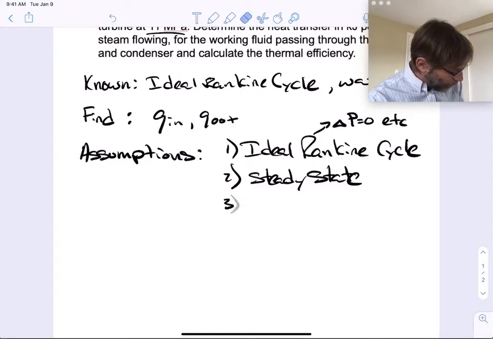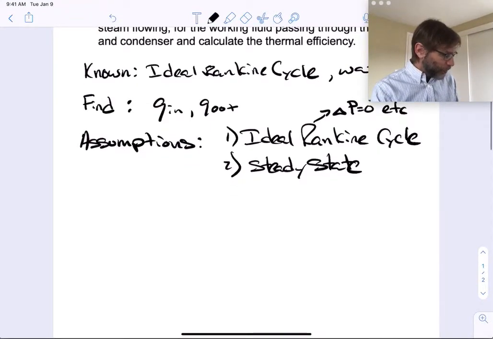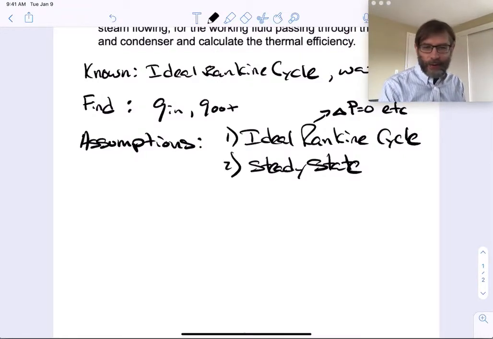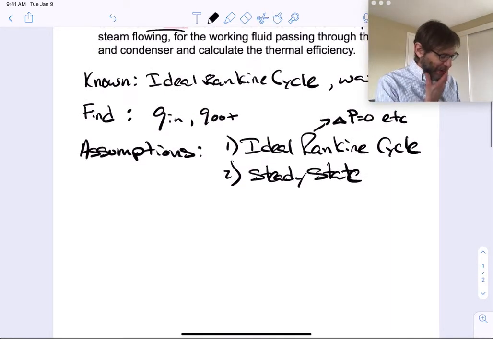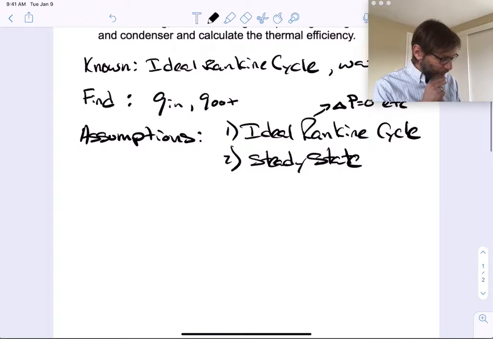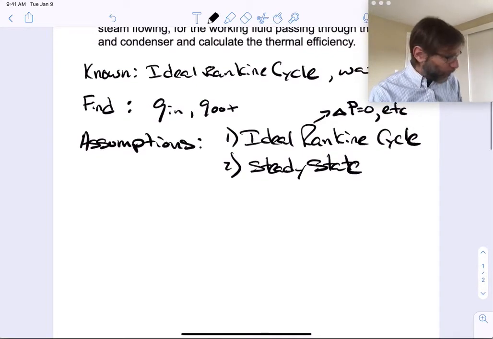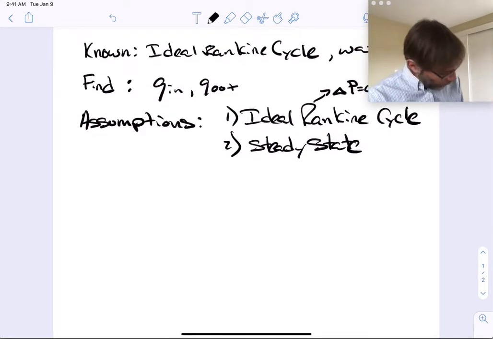So I'm just going to leave steady state ideal Rankine cycle, because this assumes everything, so isentropic this and isentropic that. Once we're doing these cycles, if you say ideal Rankine cycle, I know what that is, and you don't need to write down every single assumption. You know it's steady state, you know it's an ideal Rankine cycle, and we'll just move from there, for the sake of time.